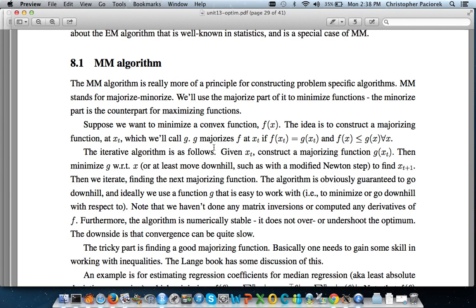Remember when we were doing EM, we were maximizing as opposed to minimizing. We were maximizing the log likelihood; I never took the negative to get the negative log likelihood. So EM is basically doing the reverse of this.